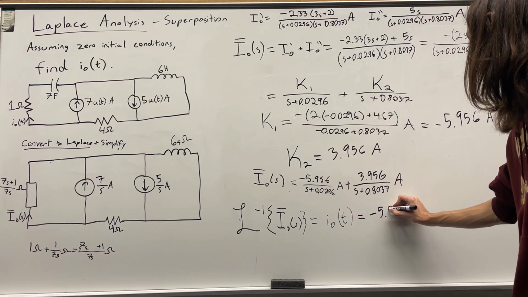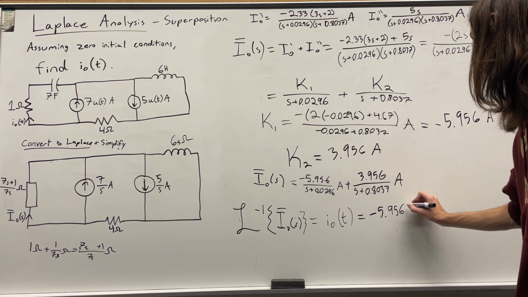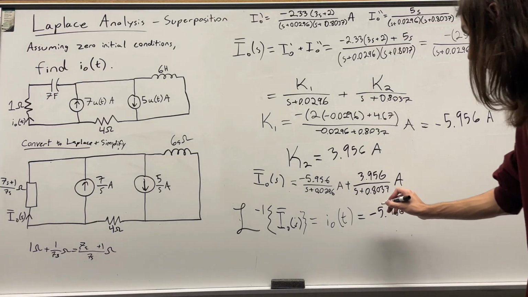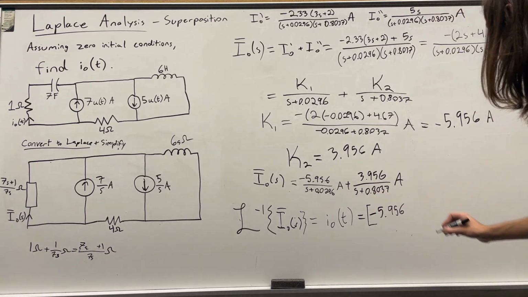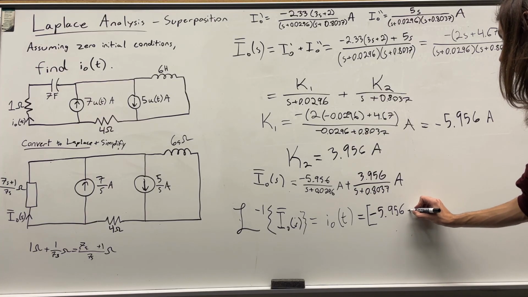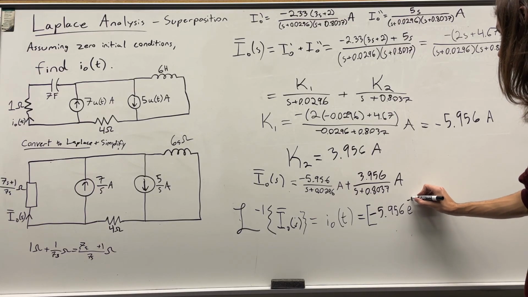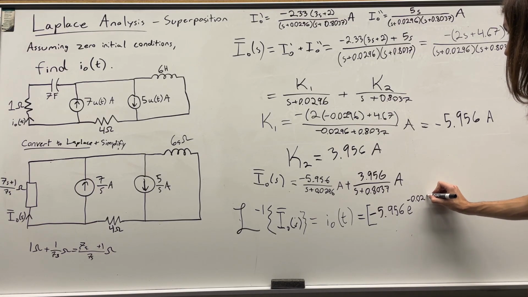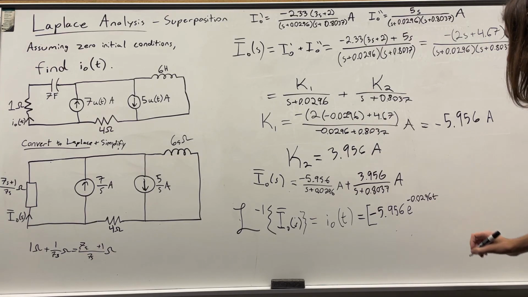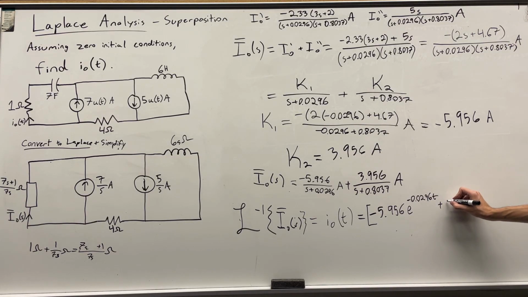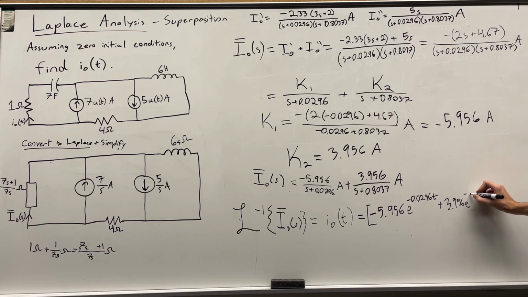5.956. Well, I'll put brackets around the whole thing. Negative 5.956 times e to the negative 0.0296 t plus 3.956 times e to the negative 0.8037 t.